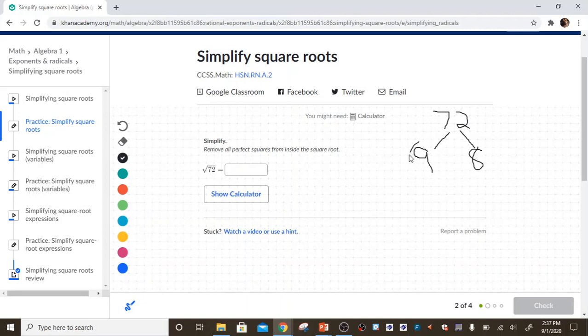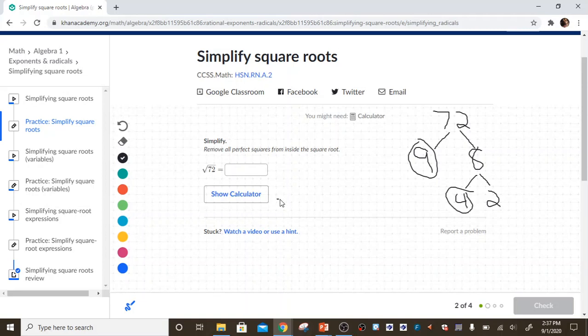9 is a perfect square. So I'm just going to hang loose with that one right there. 8 is not, but let's see if we can break it down into something that is. 8 is 4 times 2. 4 is also a perfect square.